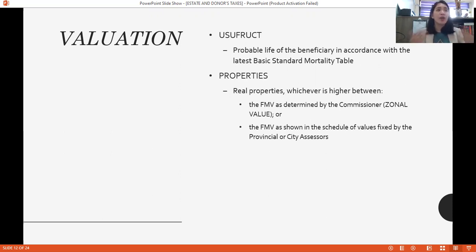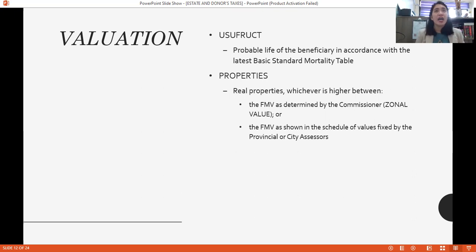So kahit na nag-process ka ng transfer in the year 2021, kung namatay yung decedent in the year 2018, yung valuation niya will go back to year 2018. So hindi pwede na yung fair market value na basehan natin is at present. Ang basis natin is kung kailan ba namatay si decedent. Kung ano yung value at the time of death, yun ang gagamitin natin.